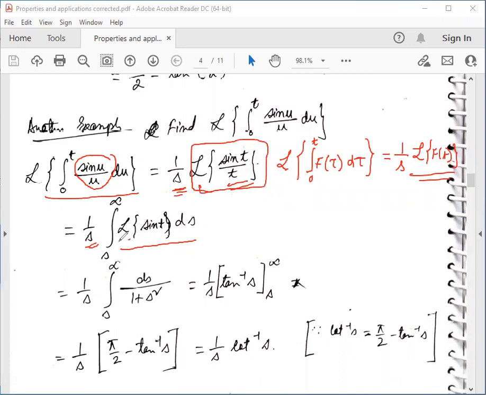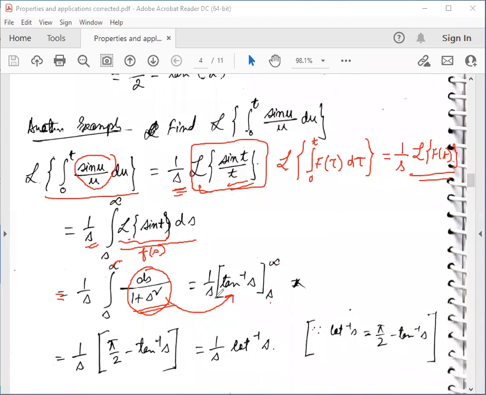This part is nothing but small f(s). So let us look at the next step. The 1 by s we keep as it is, and the Laplace transform of sin t is 1 divided by s square plus 1, which I write as 1 plus s square. Integration with respect to s from 0 to infinity, and the integral of this is tan inverse s, with limits from 0 to infinity.